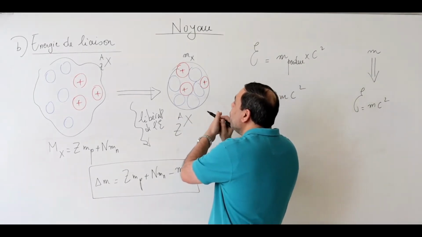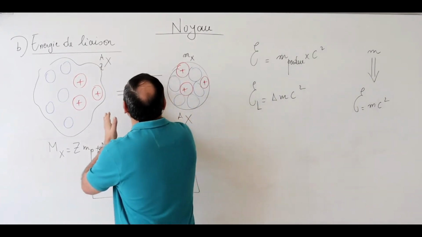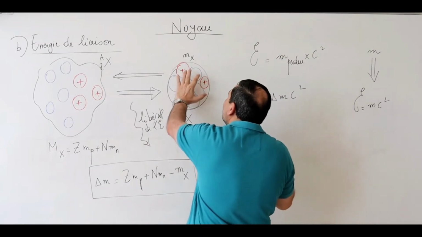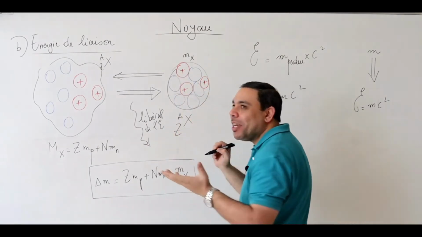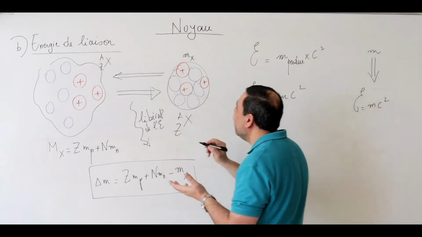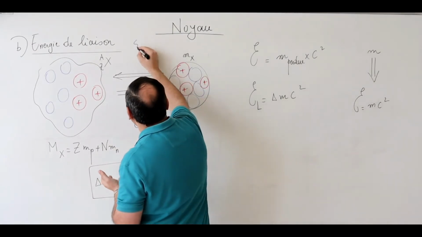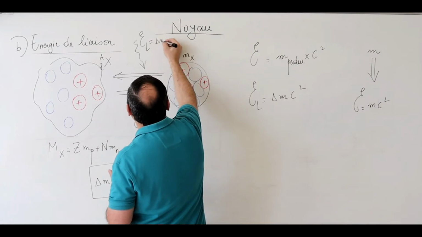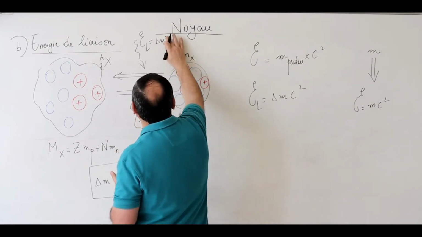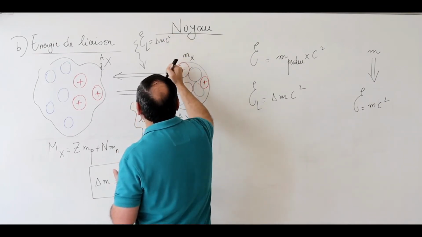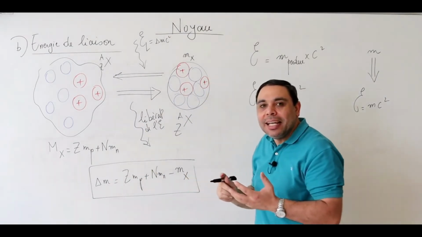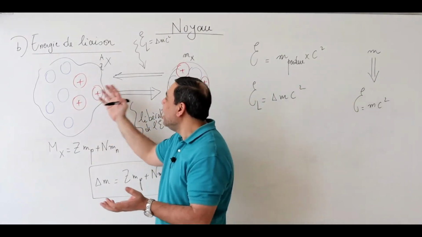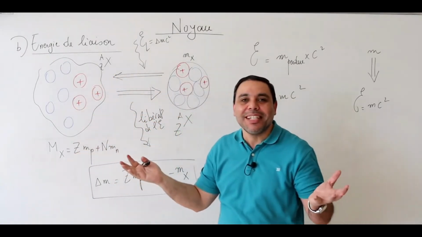So if we want to separate the nucleus into its constituent nucleons, we need to supply an energy also equal to delta m c squared. Hence, the binding energy equals delta m c squared. That is to say, it is the minimum energy required to separate entirely the nucleus into its nucleons.